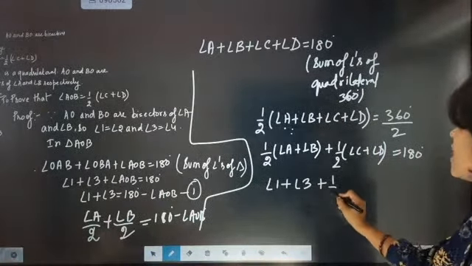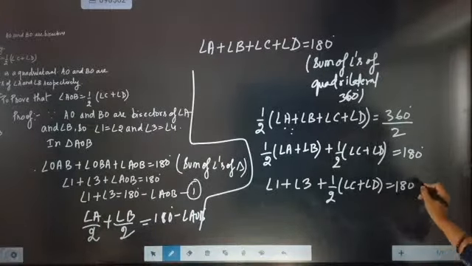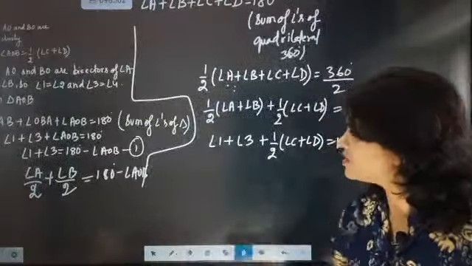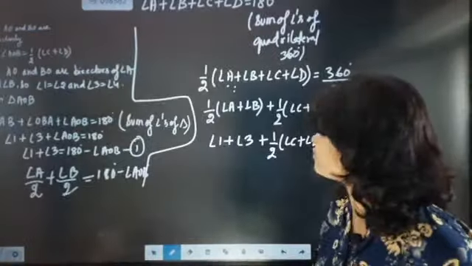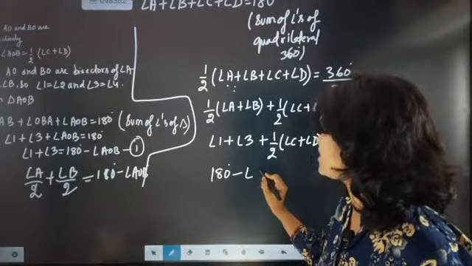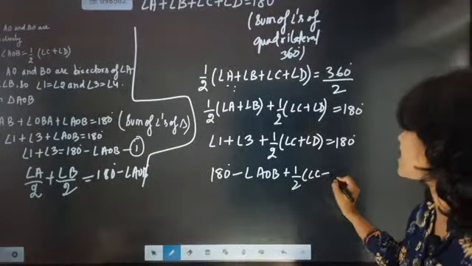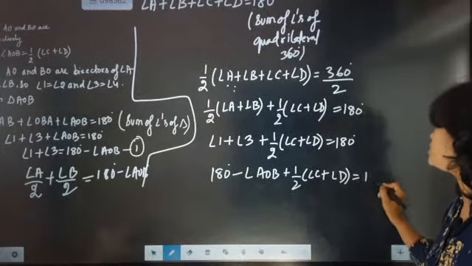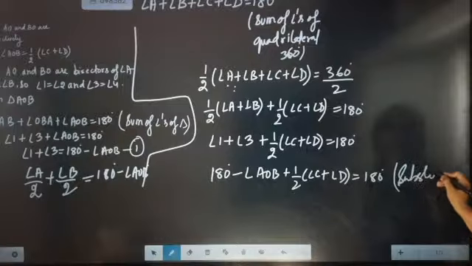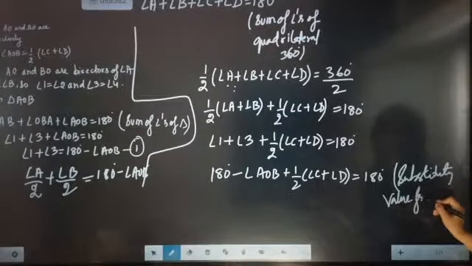This plus half of angle C plus angle D will be equal to 180 degrees. Now substitute the value from equation 1. Once you substitute the value from equation 1, what are you going to get? You will get 180 degrees minus angle AOB plus half of angle C plus angle D equal to 180 degrees.